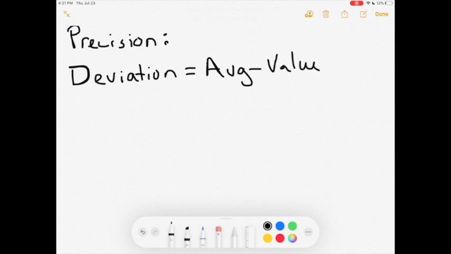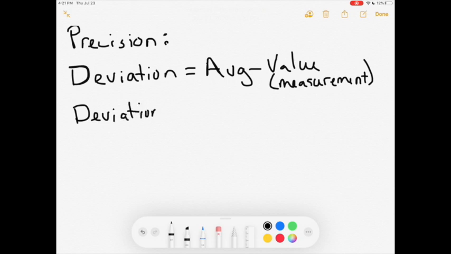So you would have a deviation for each measurement, okay? You would do that for each measurement, average minus the value. And then we have deviation squared. That would just be the deviation squared. So whatever you get for the first one, you would just square it, okay?